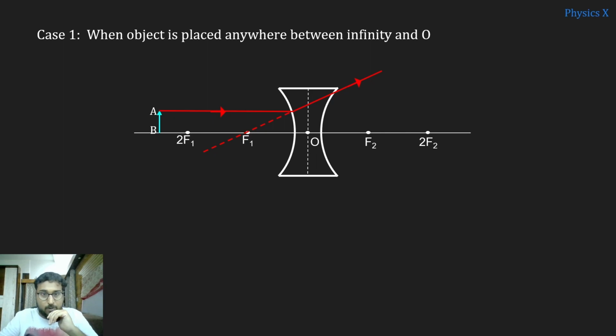Now if we draw the incident ray going through the optical center from that object, you can see that the meeting is here. The refracted rays tend to be meeting at this point.